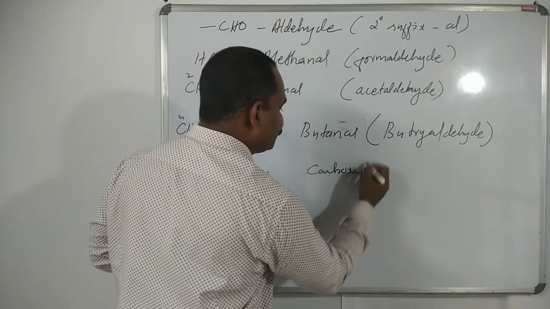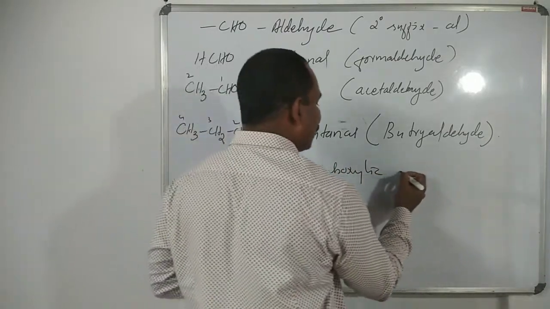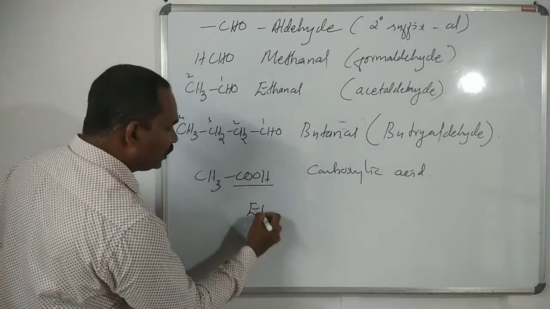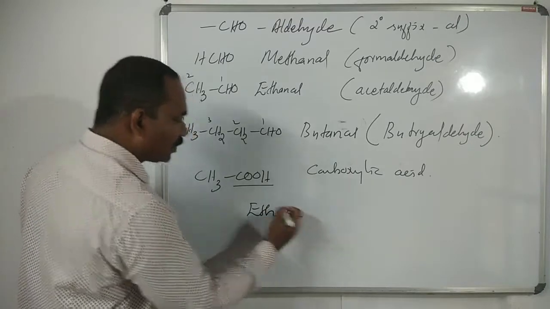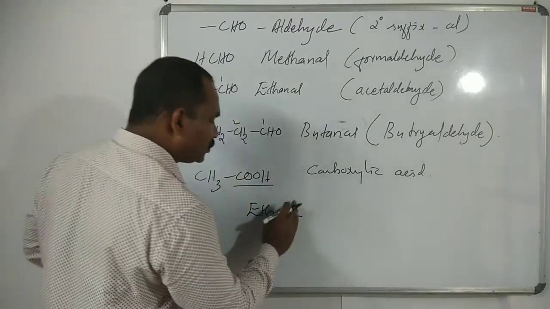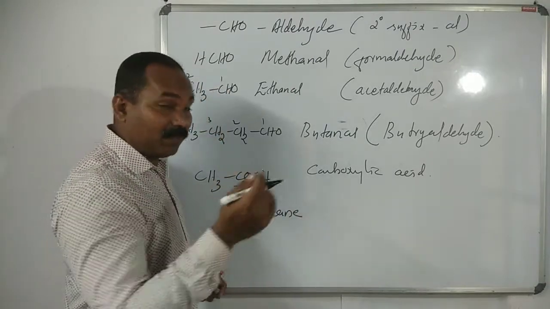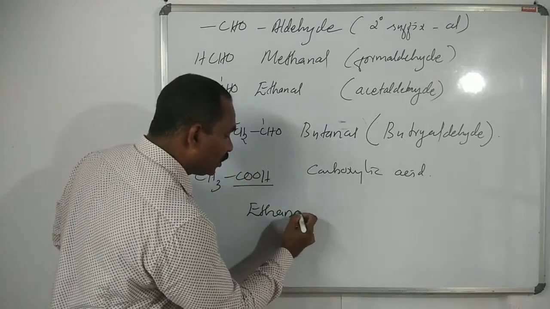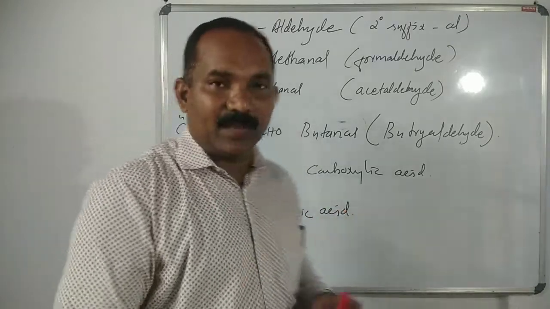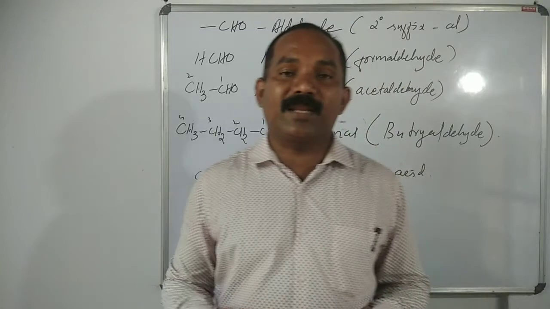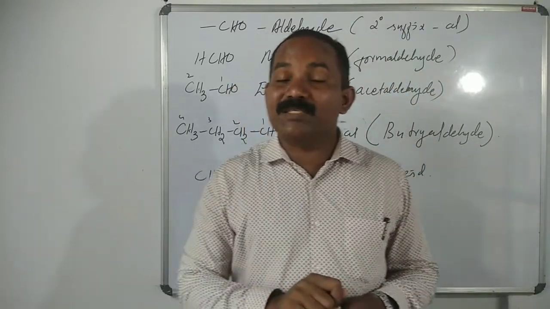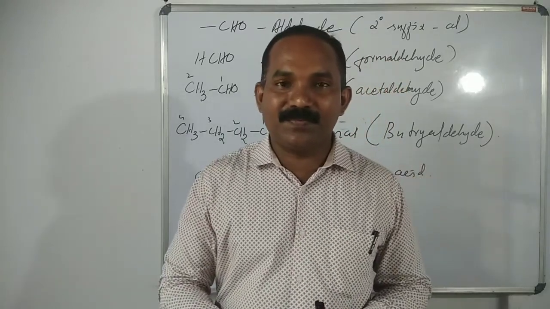Carboxylic acid, a common functional group. Two carbon atoms, so ethane. COOH group, the secondary suffix is oic, so o starting with a vowel, so ethanoic acid. Similarly, propanoic acid, butanoic acid, like that. And more examples we will discuss in the next section.